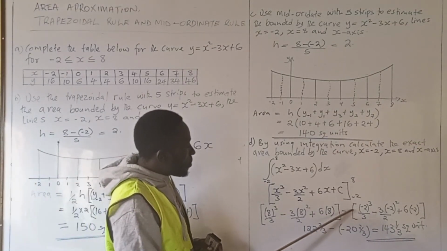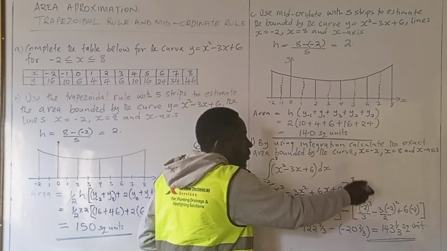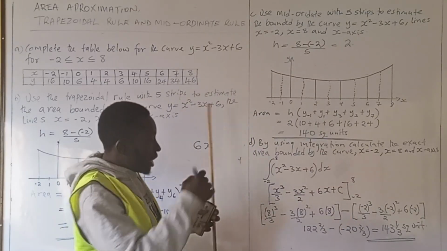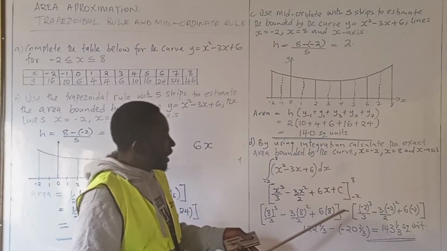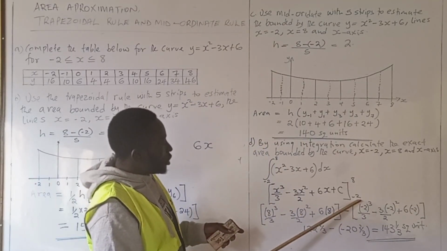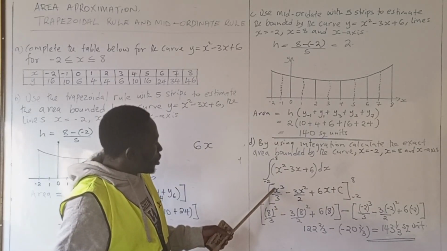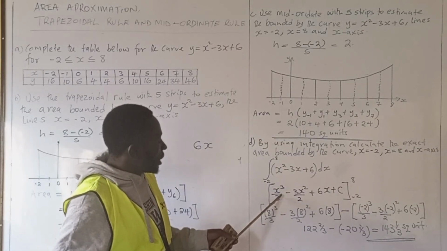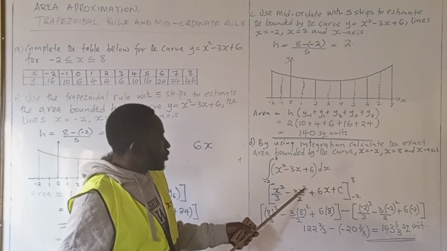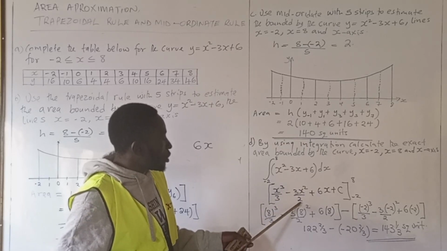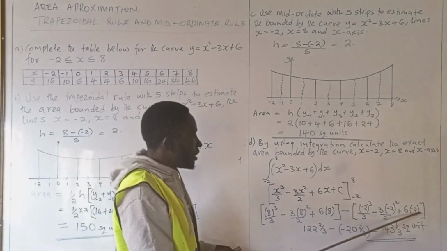Then this one is minus, it is upper value minus lower value, upper value minus lower value. So you get minus and you open bracket again. Now you replace with -2. Where there is x, you use -2. So -2 cubed over 3 minus 3 into -2 squared over 2 plus 6 into -2, you get this.